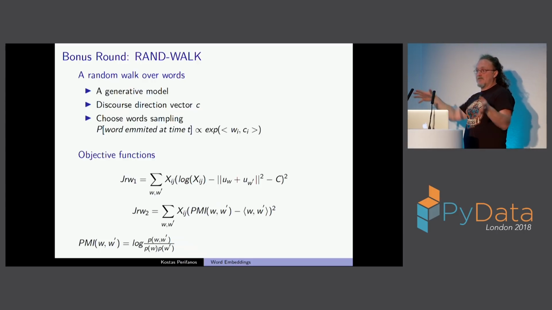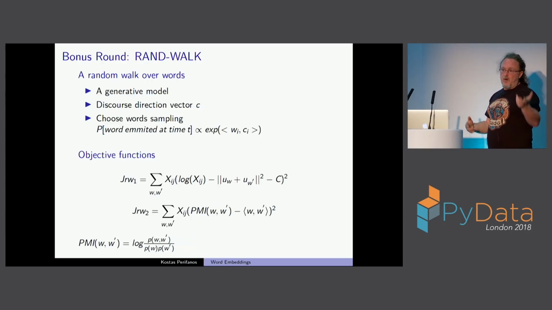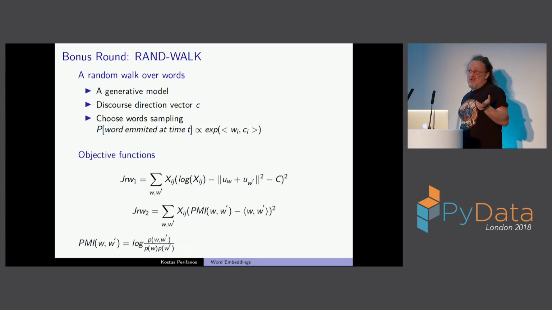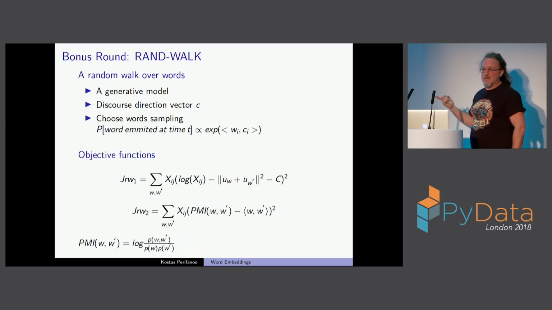So words that tend to be similar will have a higher probability to be selected. For example, if you're talking about sports, like football, all these words are much more likely to appear as next words rather than, I don't know, neural nets. It's not so typical to find neural nets or optimization functions in a sports article.